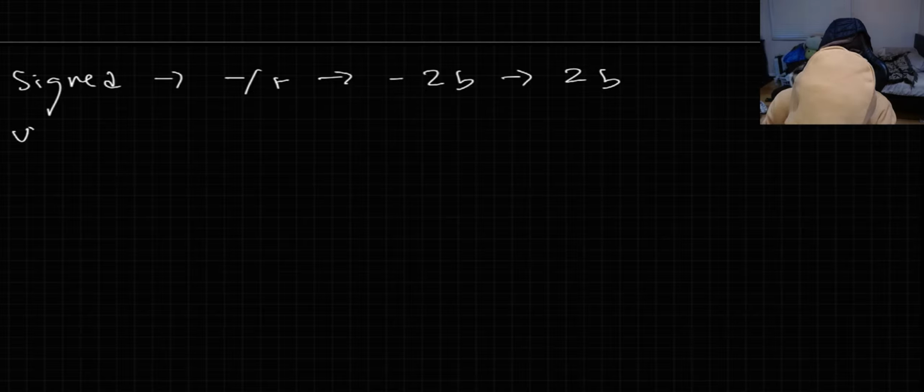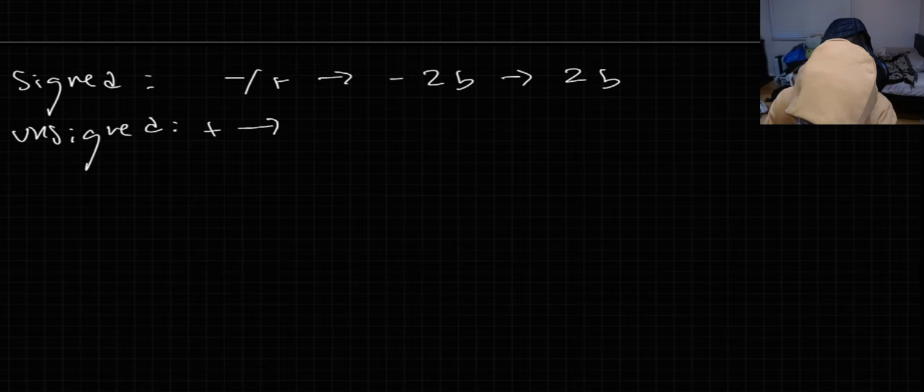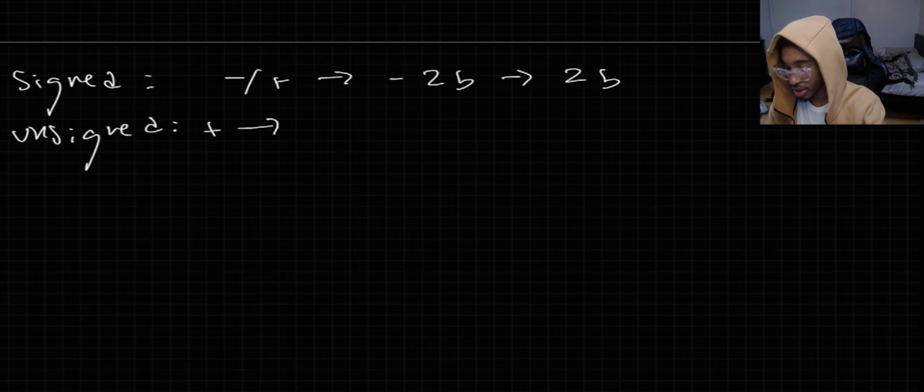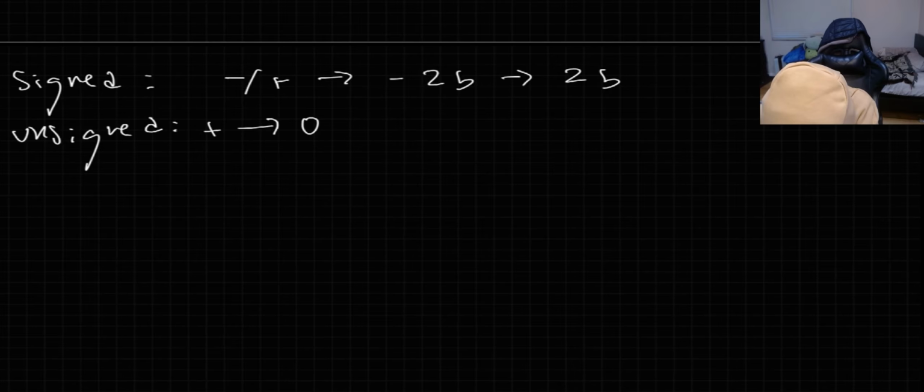And then we have unsigned. These can only represent positive values. And because they can only represent positive values, the range doubles from 0 to about +4 billion, I think.